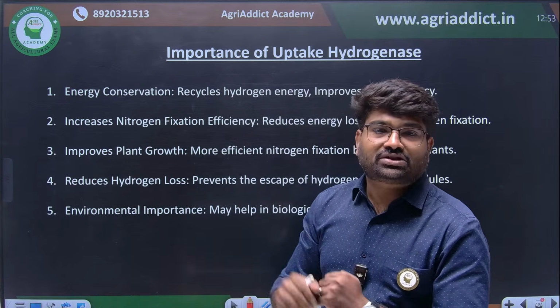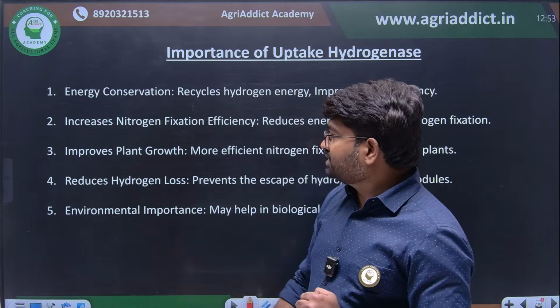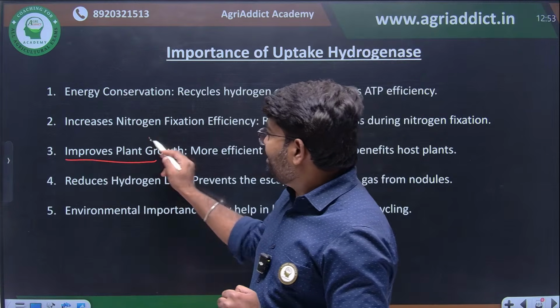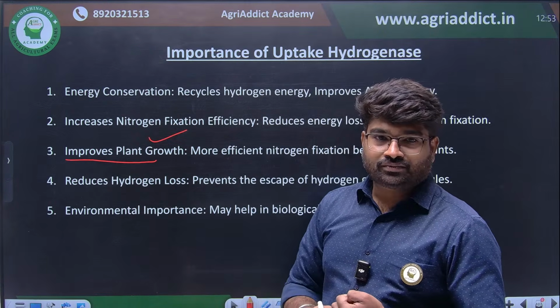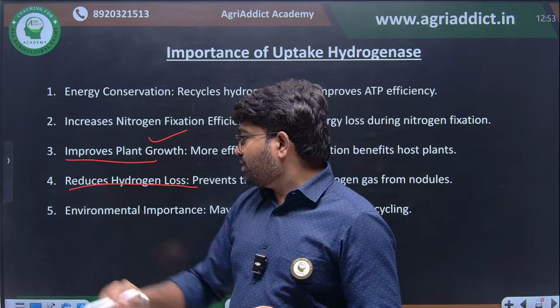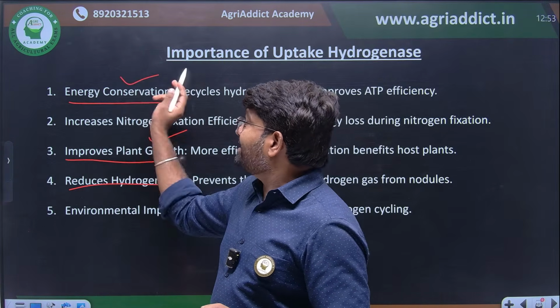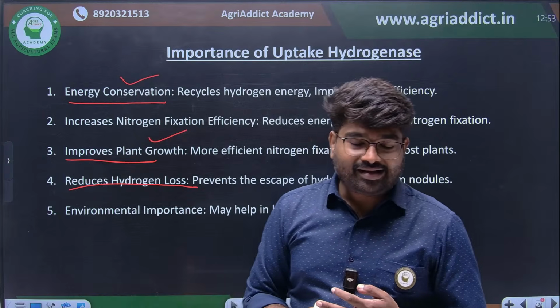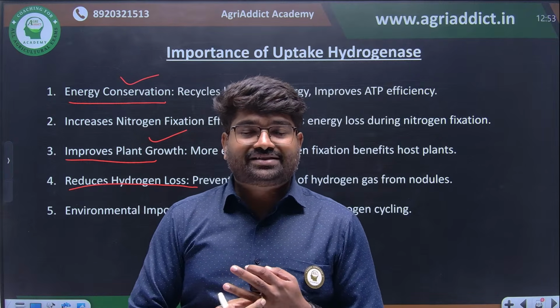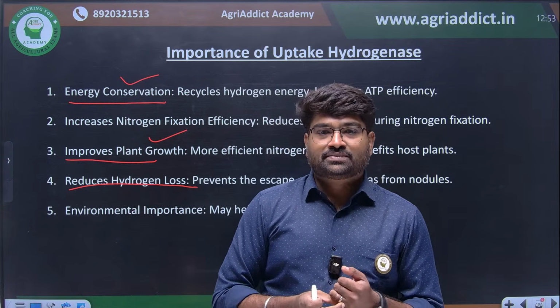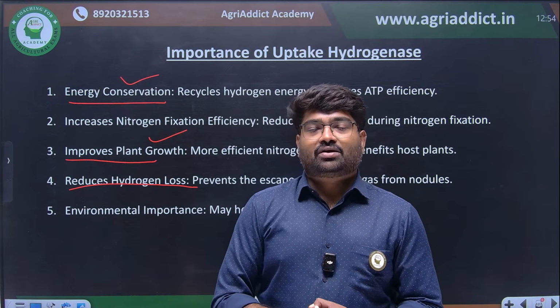Second most important thing, it will improve plant growth also. It will reduce the hydrogen loss. Then, energy conservation will be there. Then another important thing, reduced ferredoxin formation. For this also, electrons will be utilized.